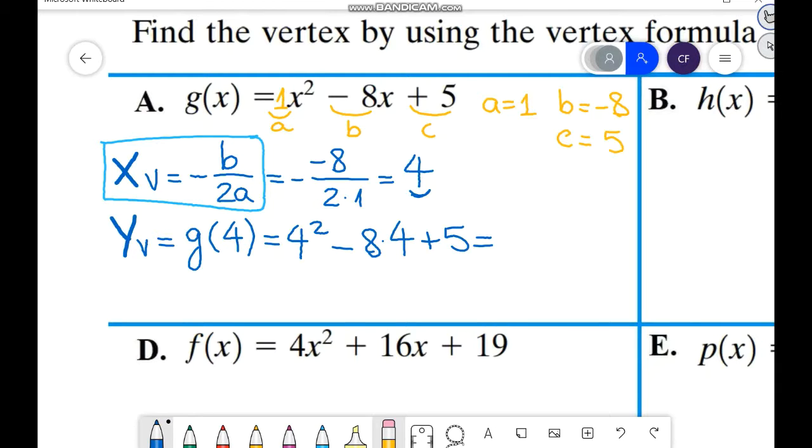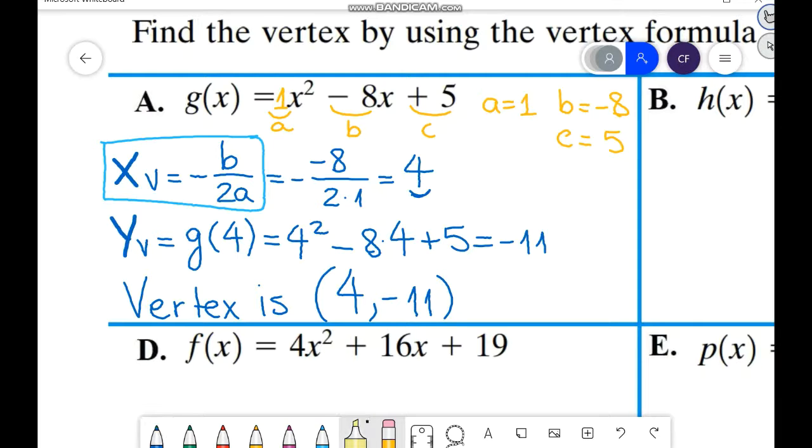This equals 16 minus 32, which is -16, plus 5, -11. The vertex is x equals 4, y equals -11. See, this is the vertex.